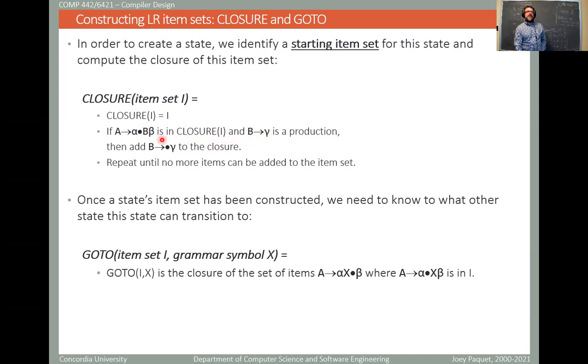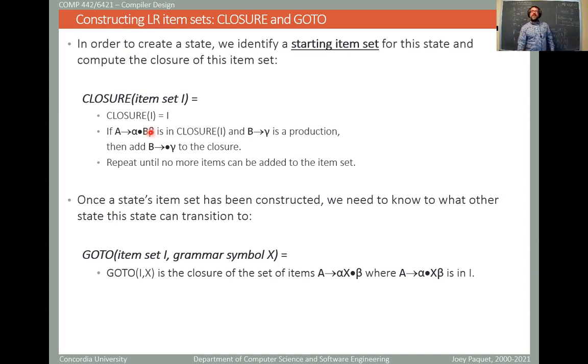If there are many rules by which a B can be defined, then I would have different options. If I have a rule B gives gamma, then if I go past the B, I would be identifying the right-hand side of this B. So I'm going in this path. If I'm taking another rule defining B, then I would be taking another path.